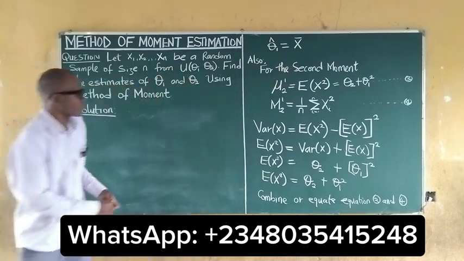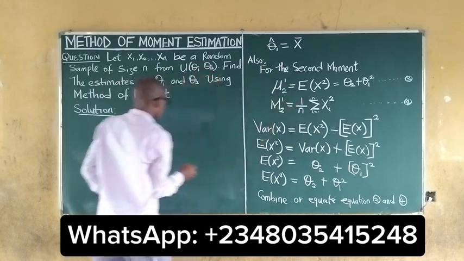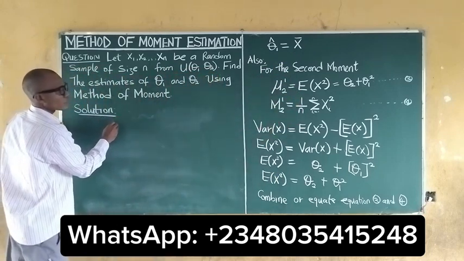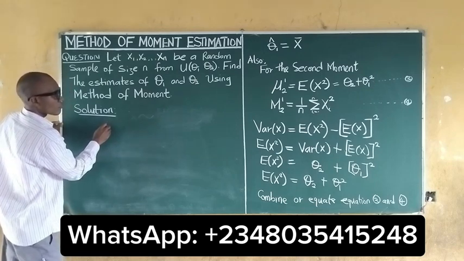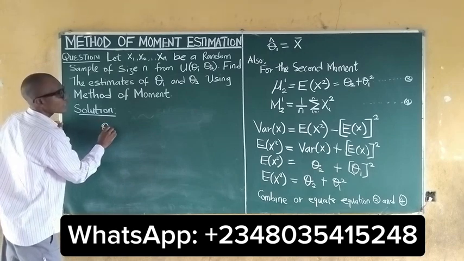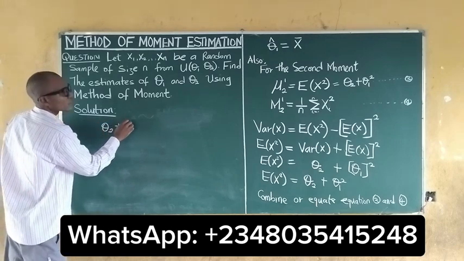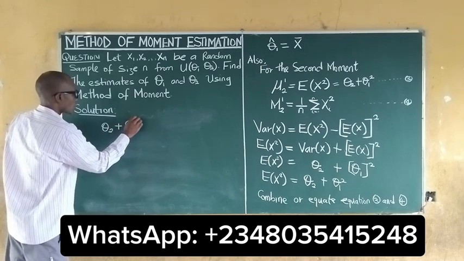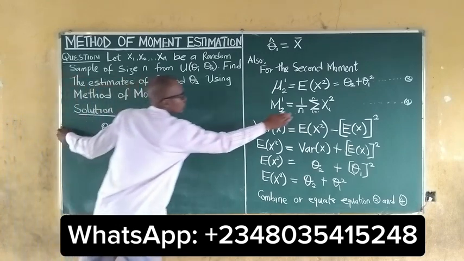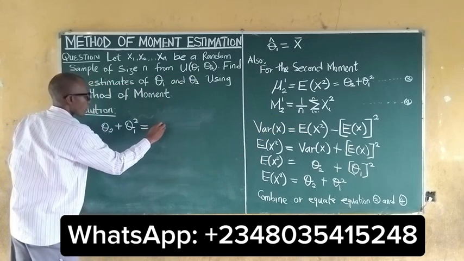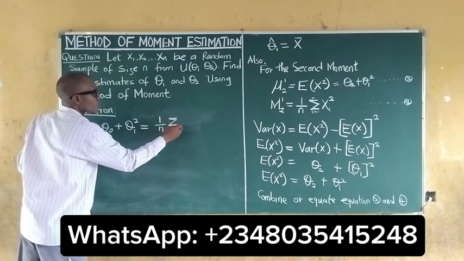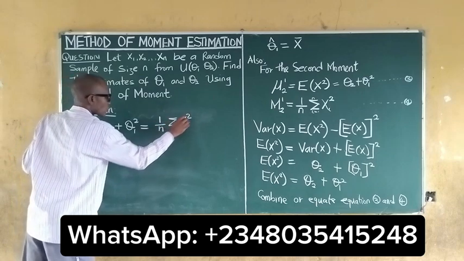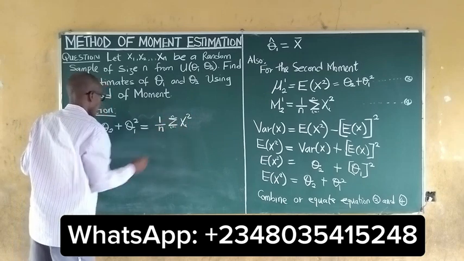If we combine these two, we get theta 2 plus theta 1 squared to be equal to 1 over n summation of xi squared, i running from 1 to n.